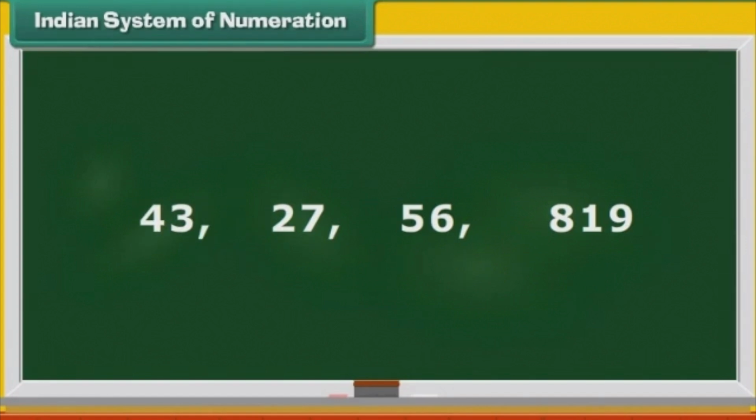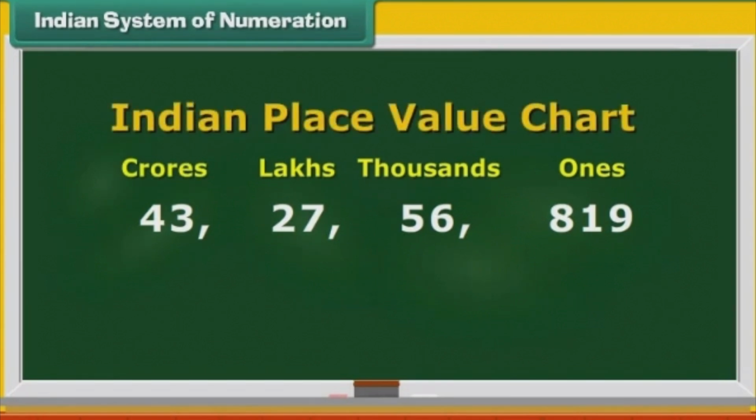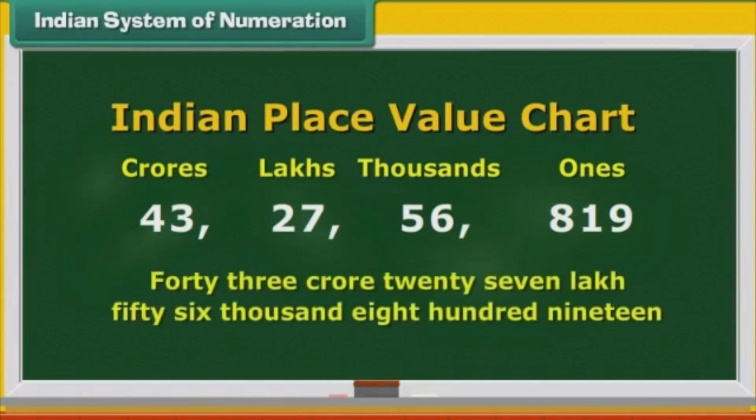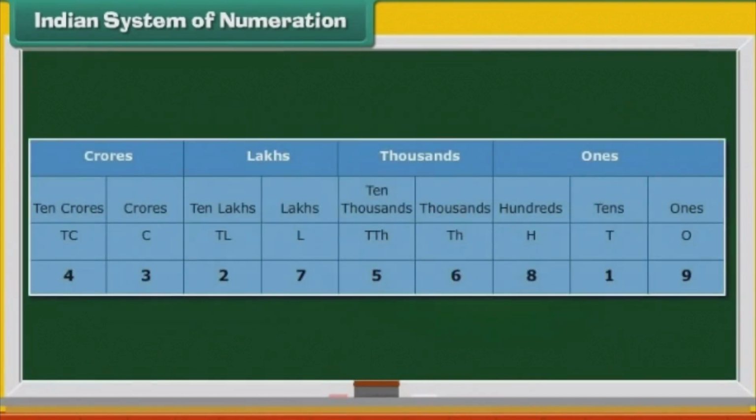Thus, we have 4 groups: ones, thousands, lakhs, and crores. This is the Indian place value chart. Now let us read the number from left. It is 43 crore 27 lakh 56,819.